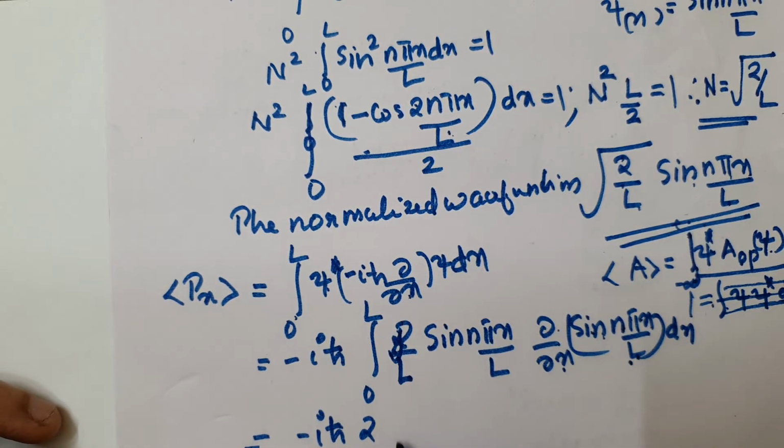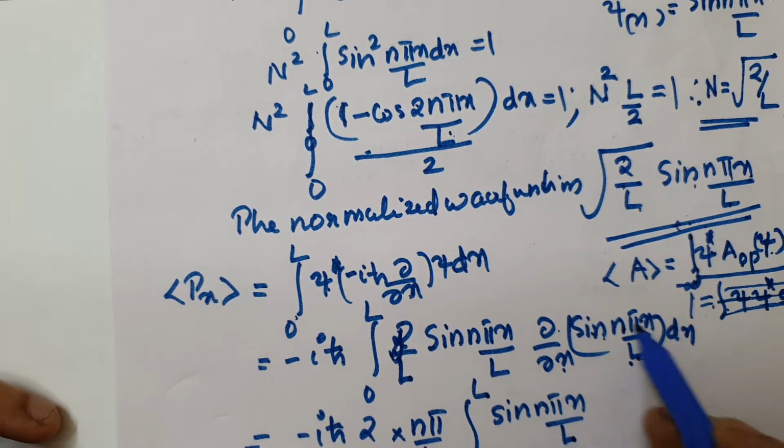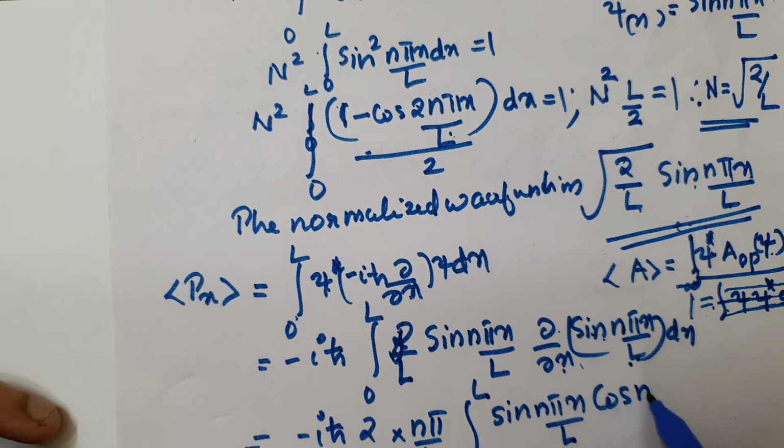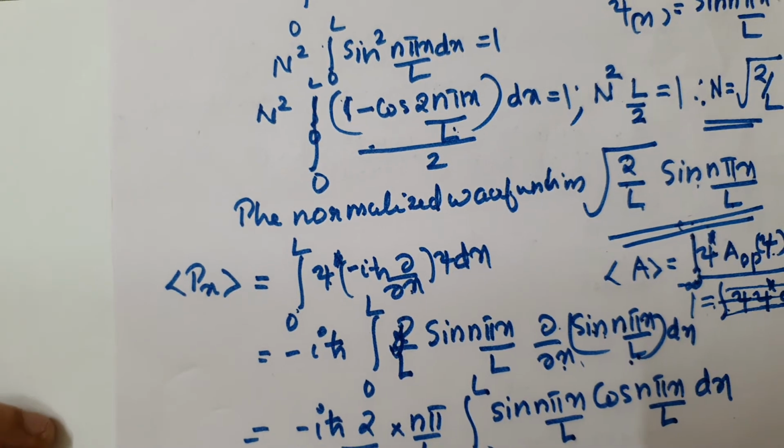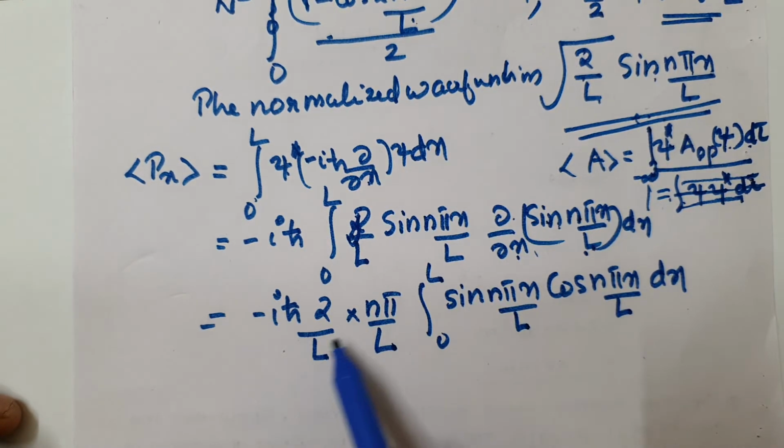The n pi by L will be taken outside. The remaining is the integral 0 to L of sin(n pi x by L) cos(n pi x by L) dx.